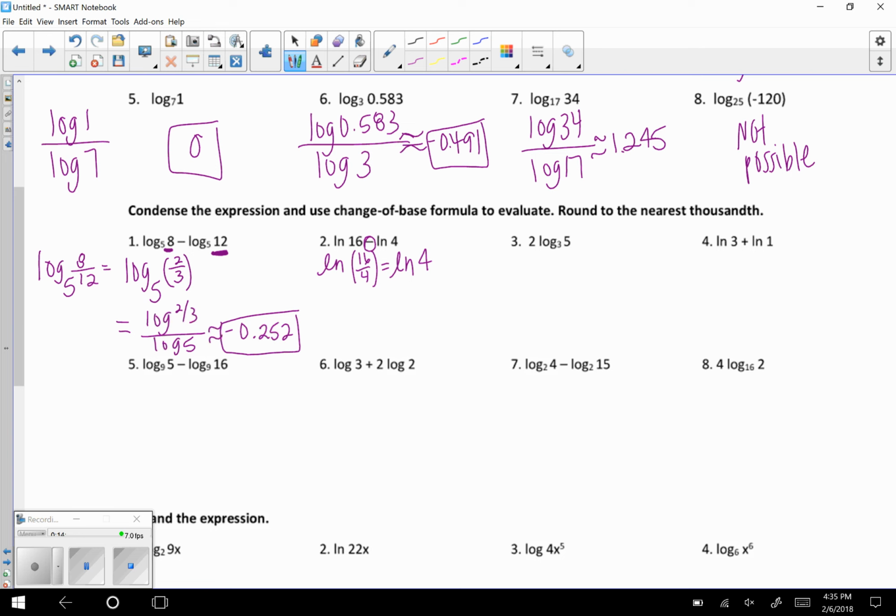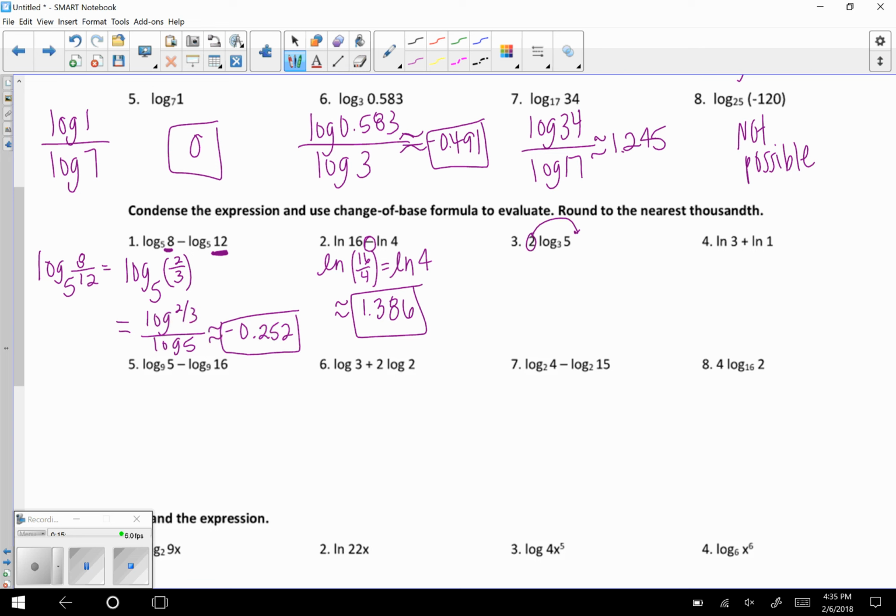You can plug that in as is. So ln of 4, plug that in, and you should get 1.386. Okay, so remember ln and base 10, that's what your calculator's using. So if you are already in a base of e or a base of 10, then there's no need to use the change of base formula.